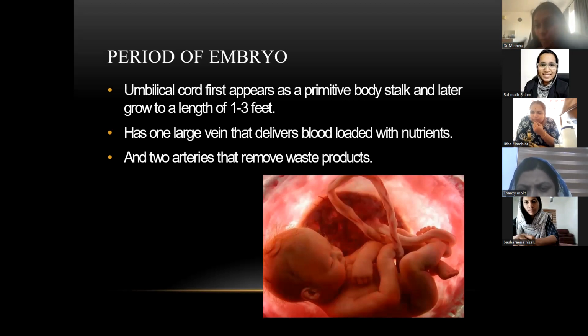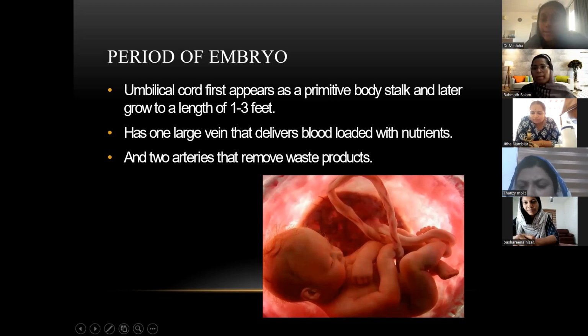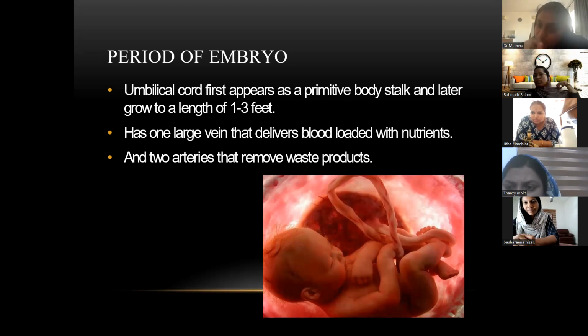That means the food that we eat, the nutrients that are absorbed, are delivered to the baby through the large vein of the umbilical cord that is present in the placenta and connected to the baby. And we have two arteries in the umbilical cord, and they remove the waste products. So this is the connection.